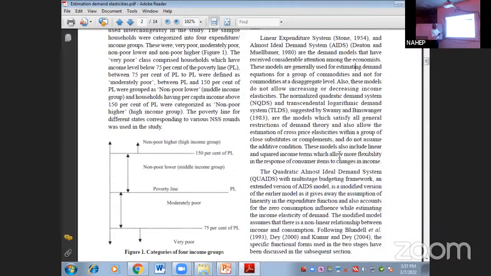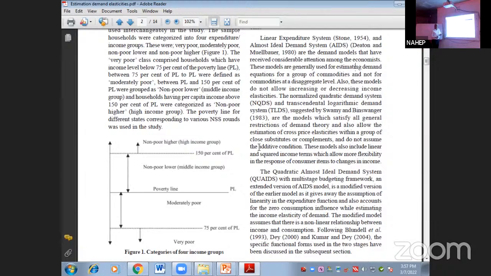And then if you classify the households into different groups, you can classify them by poverty line: above the poverty line, below the poverty line. Again, you can classify that into non-poor, 25% above the poverty line, 25% below the poverty line. You can make 3 income groups, 4 income groups. That also is possible because we say poor.